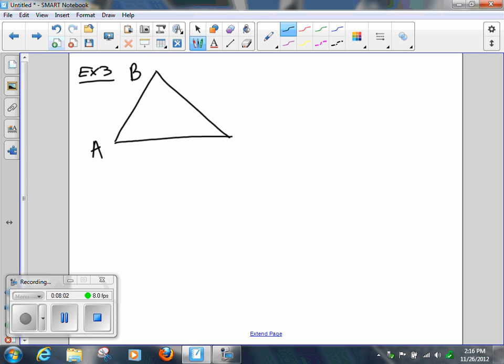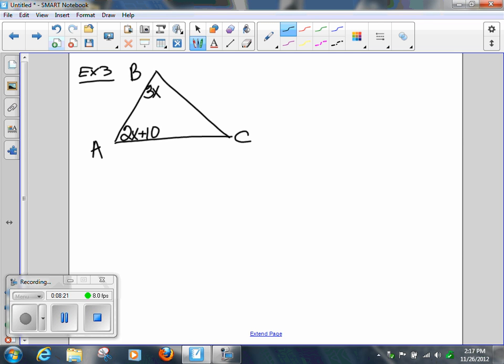We've got old triangle ABC again. Angle A is 2x plus 10. Angle B is 3x.